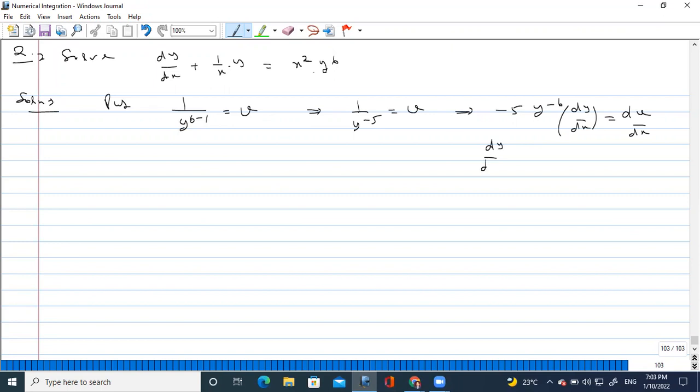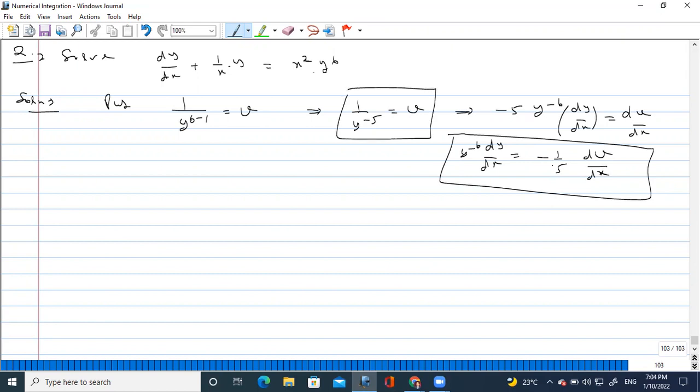So y to the power minus 6 into dy by dx will be minus 1 by 5 dv by dx. These are the two replacements I will do. This is the first replacement and this is the second replacement.